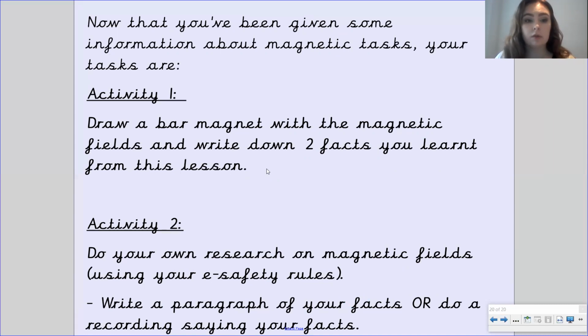You're more than welcome to go back through the video and use that to help you with this activity if you need it. Then activity number 2, you need to do your own research on magnetic fields using your e-safety rules. So go onto the internet and have a look at what you can find out about magnetic fields. Now you can either write a paragraph about your facts or you can record yourself sharing your facts.